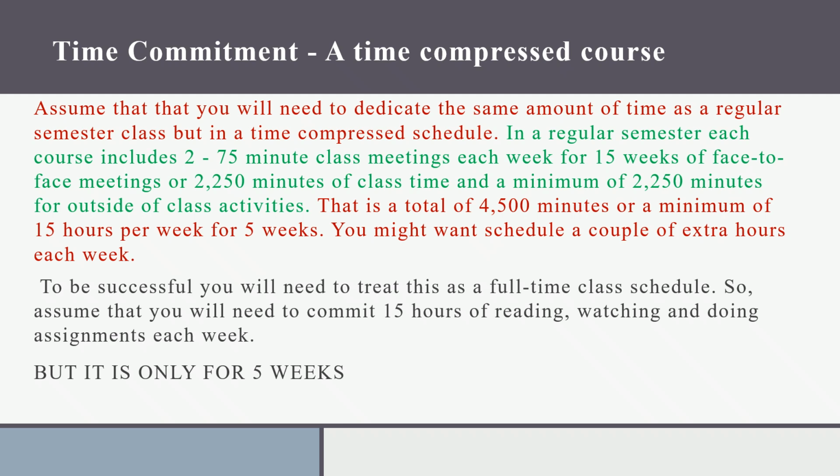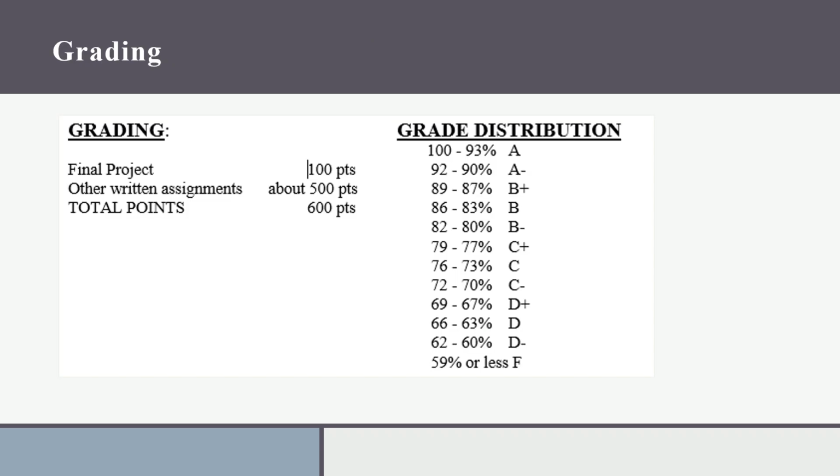That's a total of 4,500 minutes, or a minimum of 15 hours per week for 5 weeks. So you might want to schedule a couple of extra hours each week to stay up on things. The bottom line is that this class will keep you busy and will consume a substantial amount of your spare time.